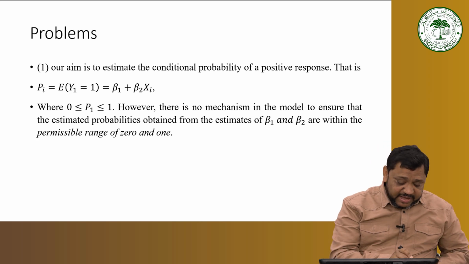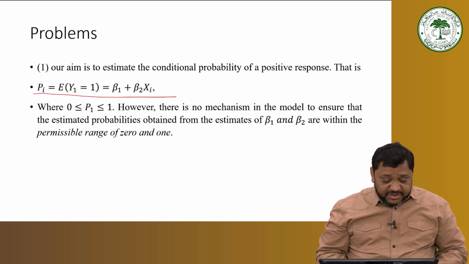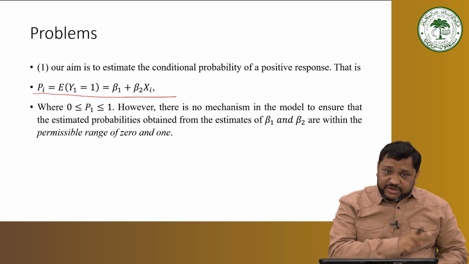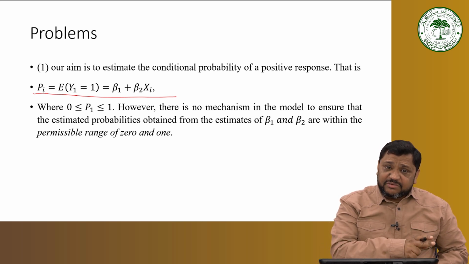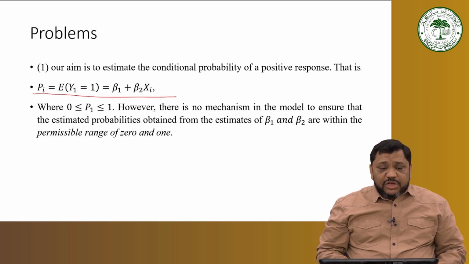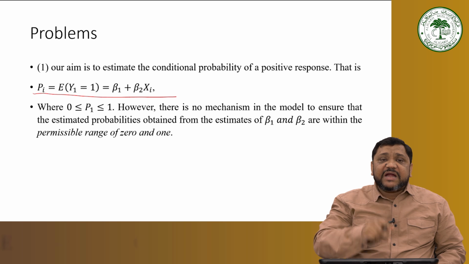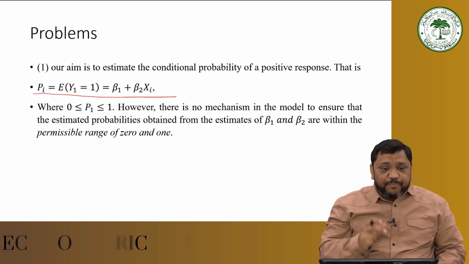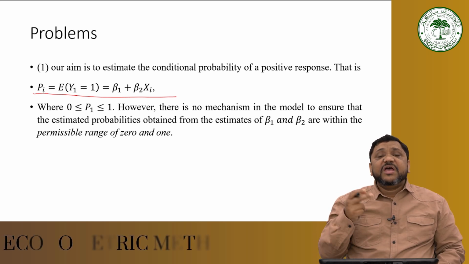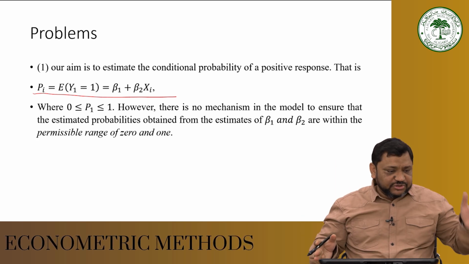So when pi is equal to beta 1 plus beta 2 x, pi must fall between 0 and 1, less than or equal to 1. However, there is no mechanism in the model to ensure that the estimated probabilities obtained from the estimates of beta 1 and beta 2 are within this permissible range of 0 to 1.